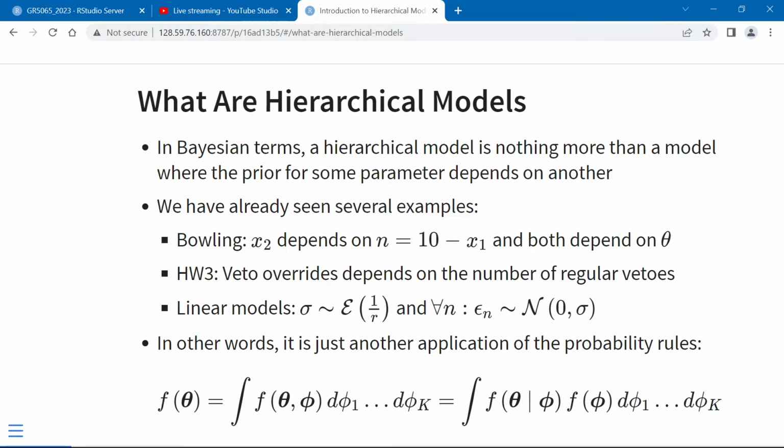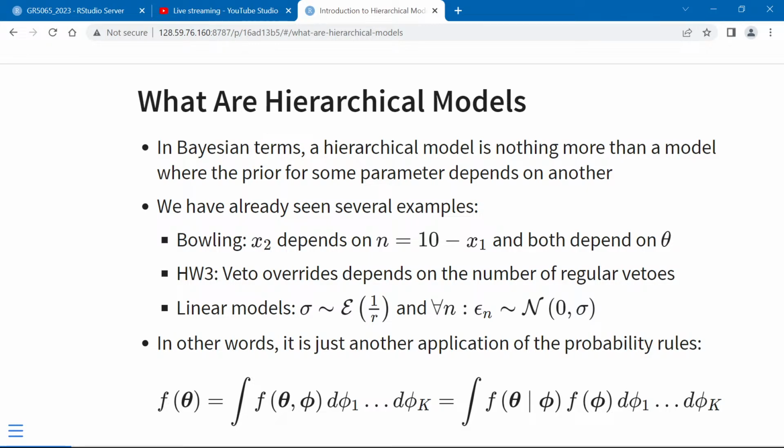Then the errors are each realized independently from a normal distribution given the realization of sigma. So this sets up a joint distribution between sigma and all the errors that we draw in a two-step procedure. And that's all we're going to be doing today with hierarchical models.